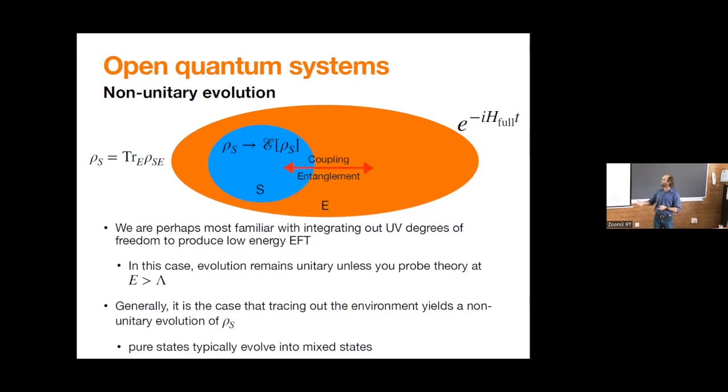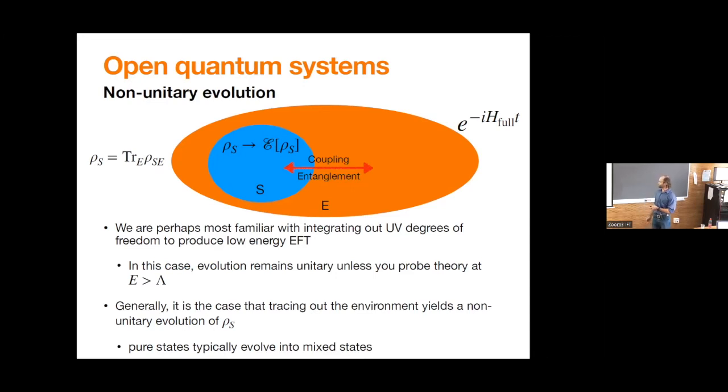There's going to be something that happens to that density matrix that depends, A, on what's going on inside the system, and B, what's going on in the environment and the coupling between the two. So it will depend on all of these things. Now, the presumption is that this whole thing is evolving unitarily, and we can use that evolution in order to figure out what this effective non-unitary evolution will be, right?